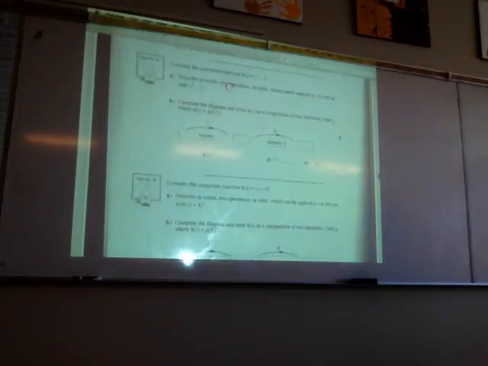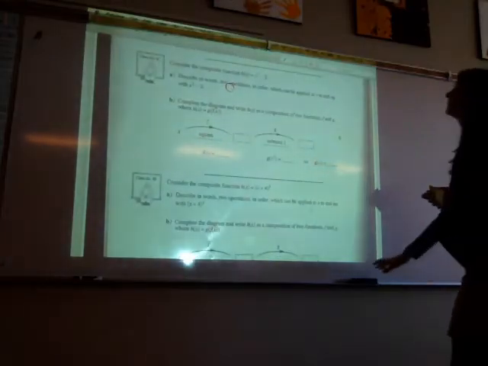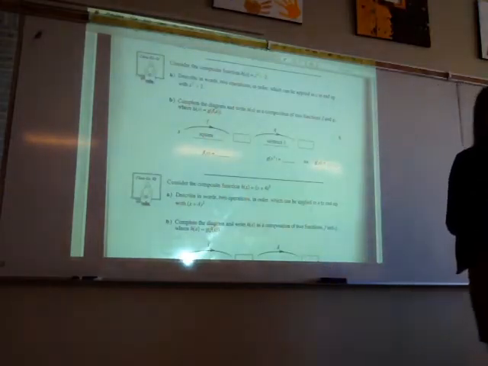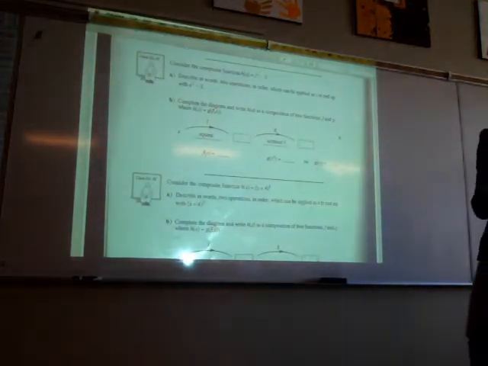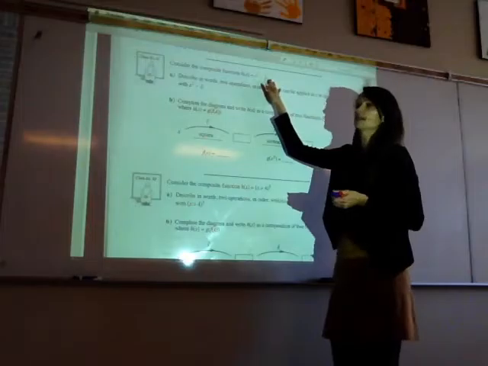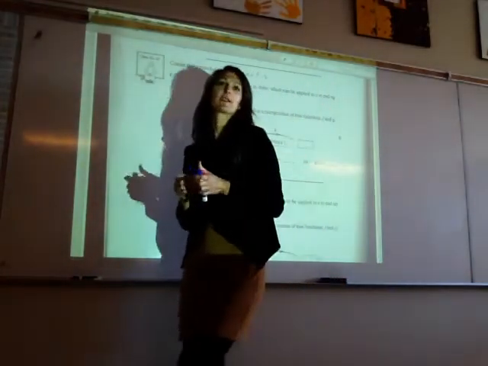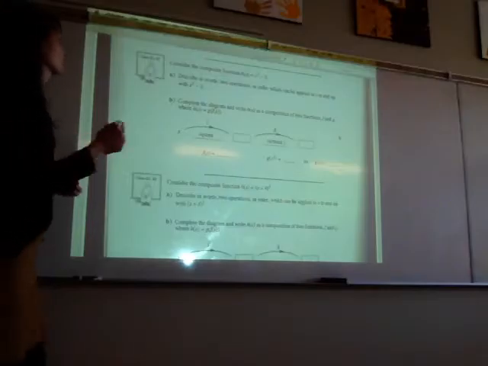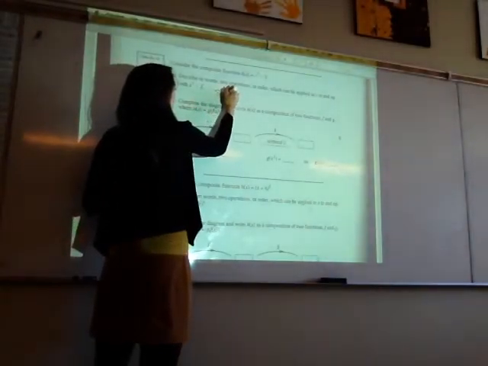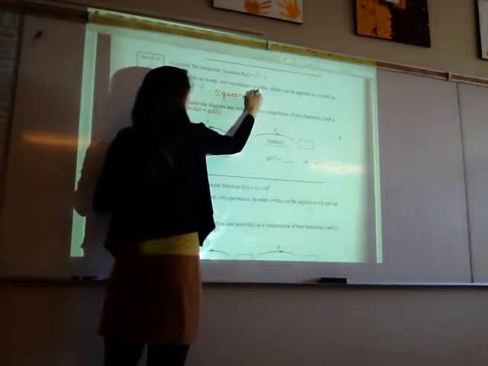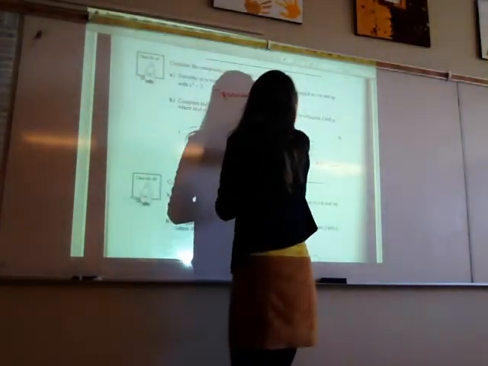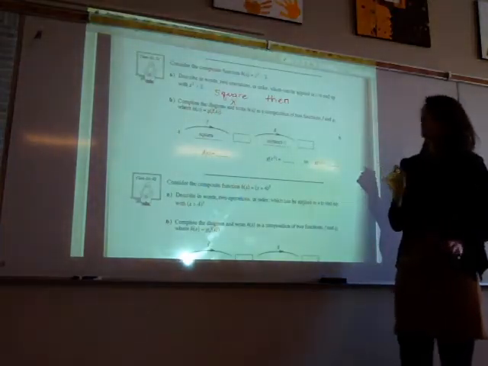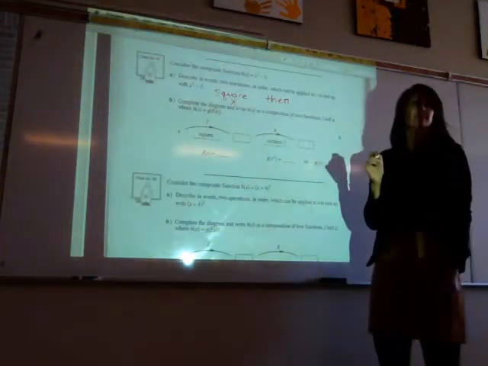So consider h of x, it's x squared minus 2. Let's describe this in words and think about what is happening to x first. Okay, we have x squared minus 2. What's happening to x first? Good, we're going to square x. So square x, and then what are we doing? Subtracting 2.